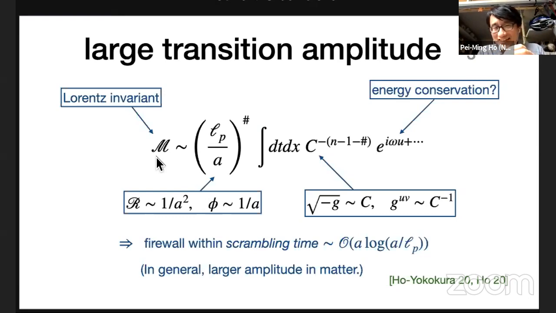That's a terminology other people invented. So I'm just calling that number scrambling time. 搅拌, scramble, like scramble eggs. You are mixing something up.